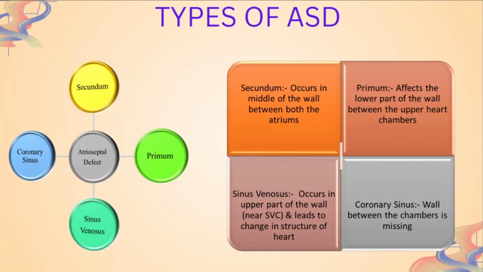Primum involves the presence of a hole at the lower portion of the septum between both the upper heart chambers. Sinus venosus involves the hole in the upper part of the wall near the superior vena cava, which leads to a change in the structure of the heart. And the fourth one is the coronary sinus, in which the whole septum is absent; it is the most dangerous condition.